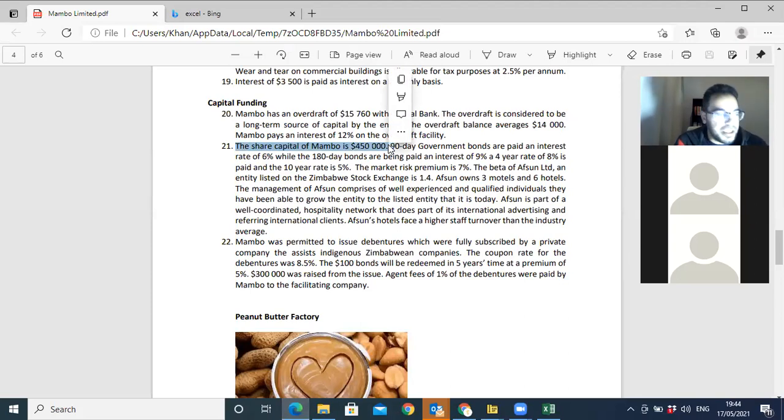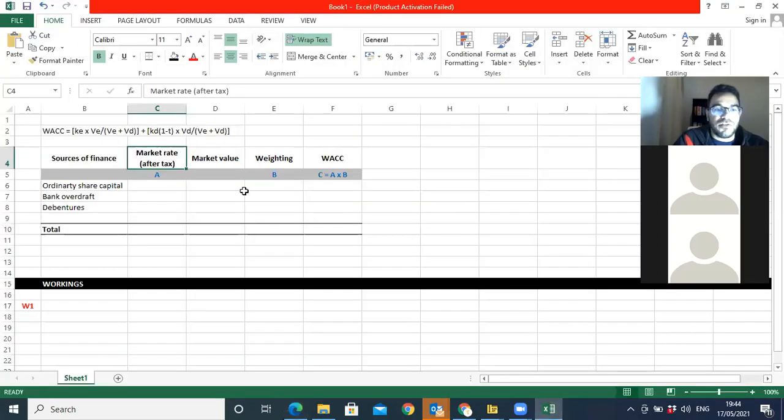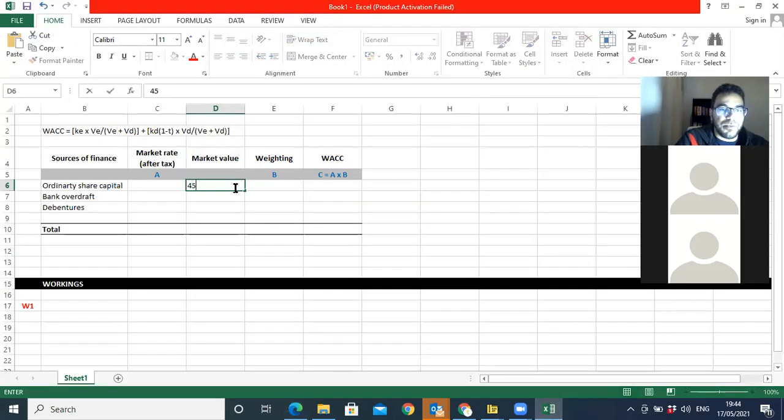So I'm assuming that is the given market value. There's no other information given in order to calculate the market value, so the only thing we can assume is that this 450 is given as the market value. Therefore, there's nothing to calculate. I simply plug in 450.